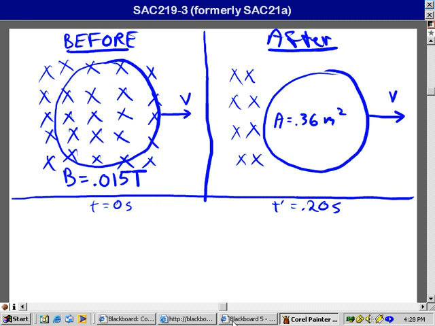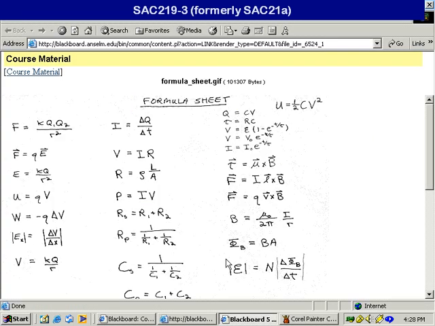And the EMF, let's take a look at your formula sheet. In magnitude, and we're going to only worry about the magnitude, the direction we'll get by the right-hand rule, but in magnitude, it's the number of turns in the coil or loop, and in the case of a loop, there's only one turn, so n is equal to 1. Just think of n is equal to 1 in our case, and we can ignore that n.